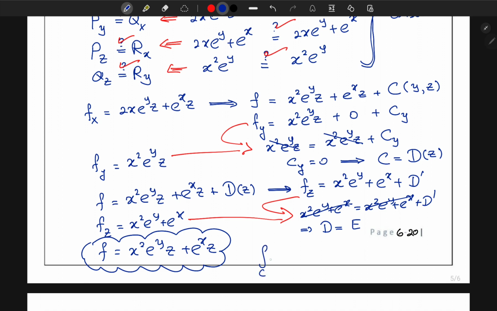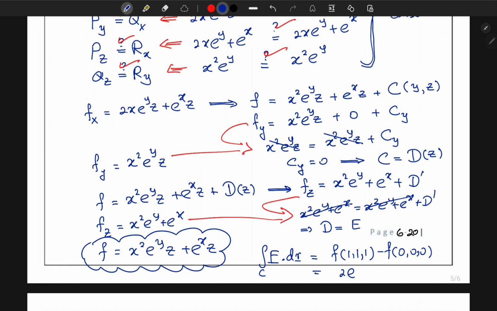The question asks us to find the integral, which is the difference of potential values at corner points. You plug in 0, 0, 0, you get 0. 1, 1, 1, you get 2e.